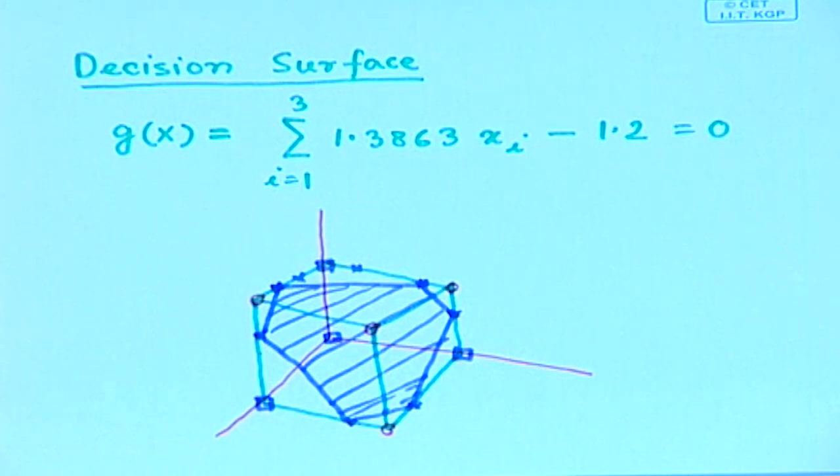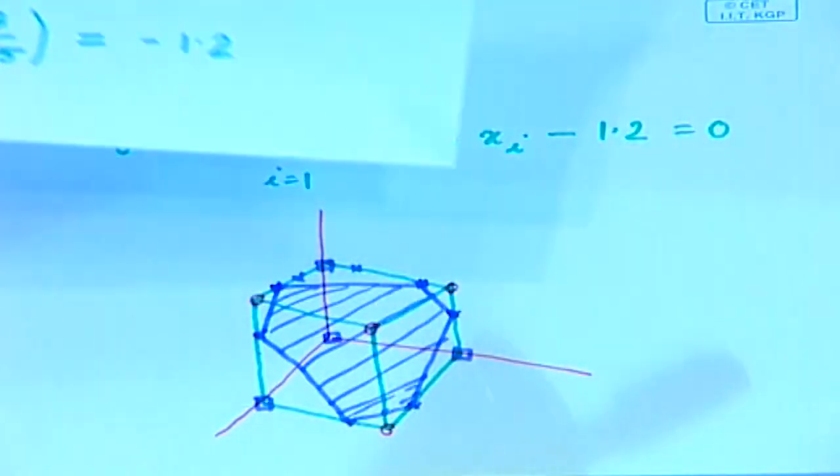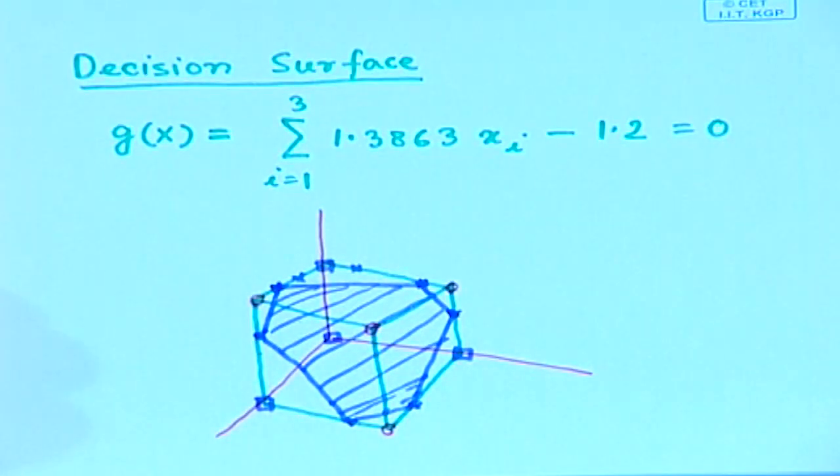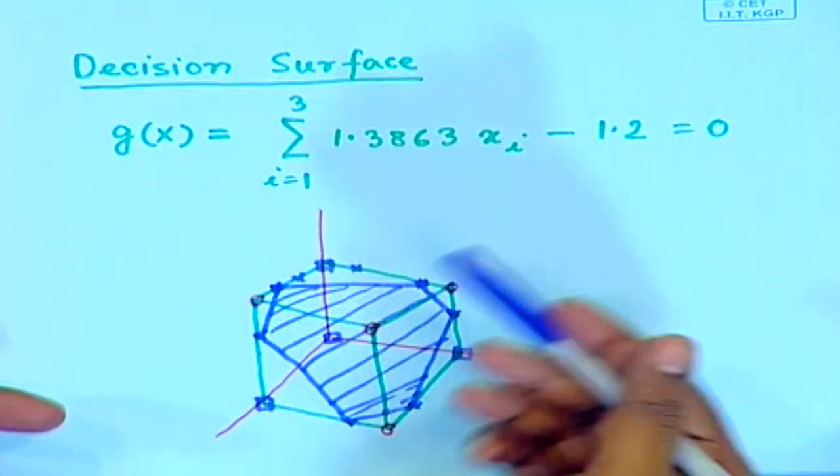So it simply says that if at least two components of the feature vector are equal to 1, then the point is classified to omega 1. Oh, right, I mean, it is the other way.